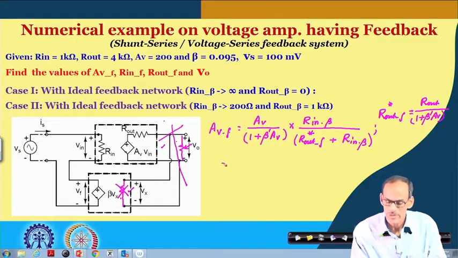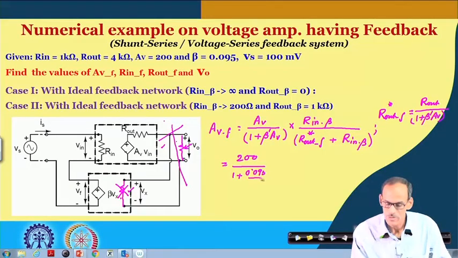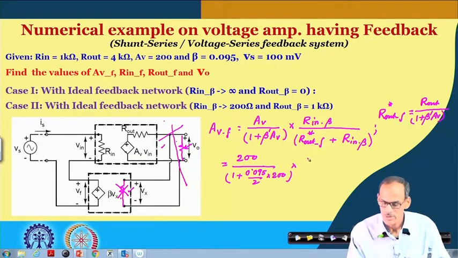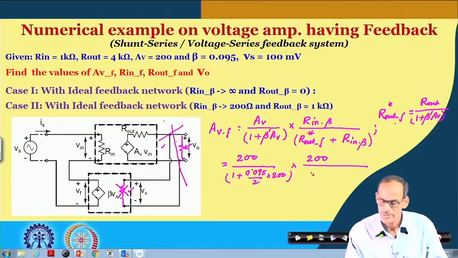And if you do the calculation here, AV of course we have 200, and this is 1 plus 0.095 by 2 into 200, and then we have this resistance, which is 200 ohms divided by this resistance, which is 4 k divided by 1 plus 0.095 by 2 into 200, right.